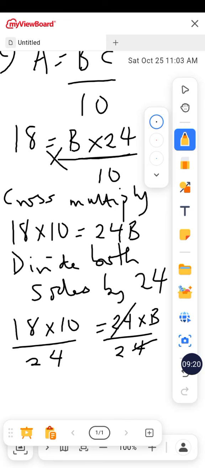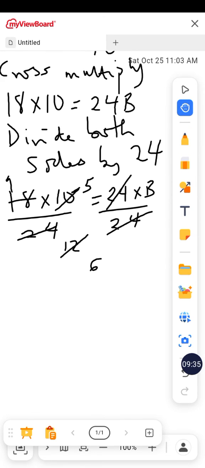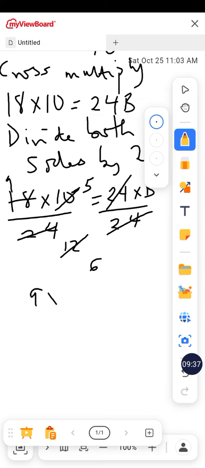So 24 cancels 24. 5 and 2 goes in 10, 5. 2 goes here, 12. You can still cut it. 2 goes in 12, 6. 2 goes in 18, 9. So you can still break it down, but let's write it out. So that we have 9 times 5 over 6 equals B.